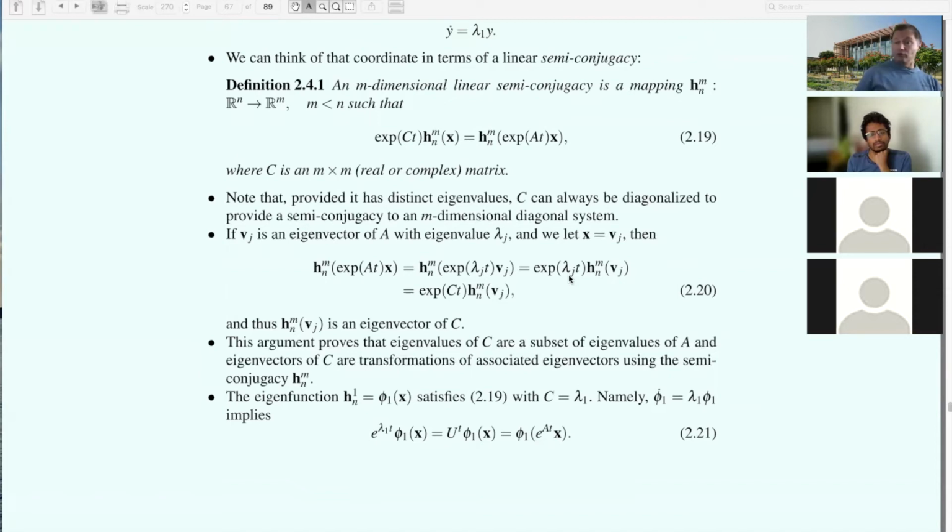It's just that they're not all of them. You're going to have m eigenvalues for the reduced system and n eigenvalues for the full system. So you have thrown away some eigenvalues in the process.